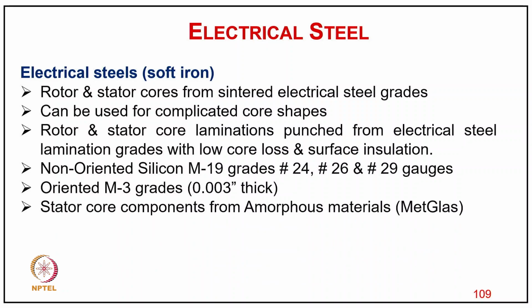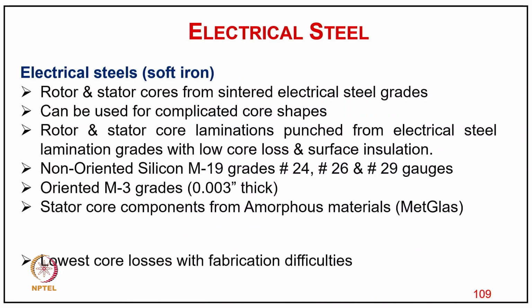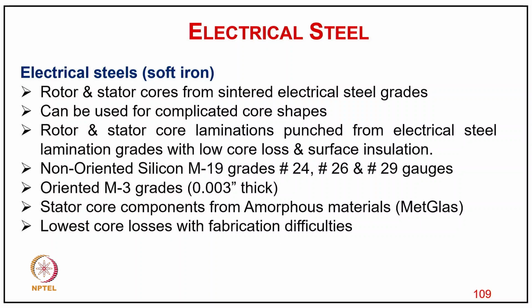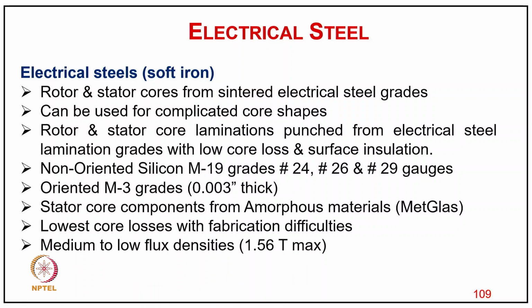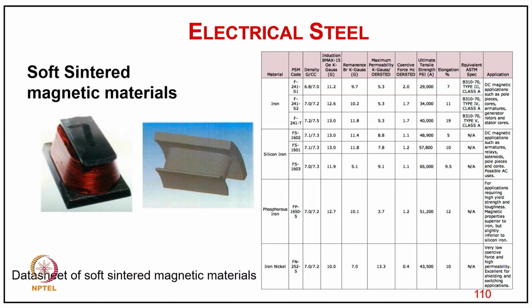Stator core components can also be made from amorphous material like metal glass, with the lowest core losses but fabrication difficulties, and medium to low flux density, with a typical example being 1.5 Tesla maximum. Both Fe and Co ferromagnetic and cobalt based alloys are also used.